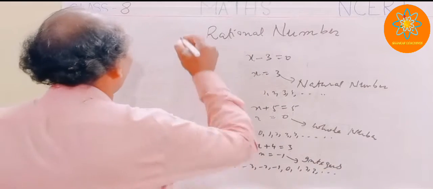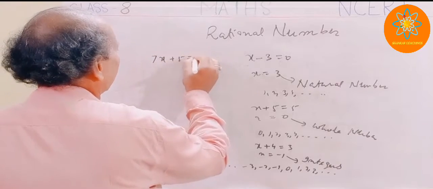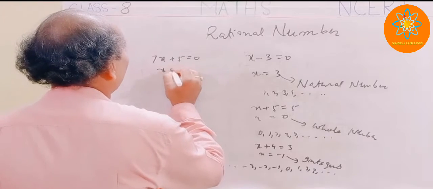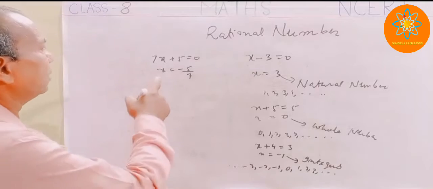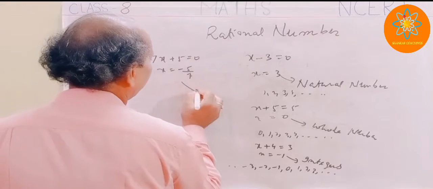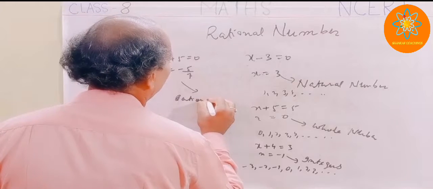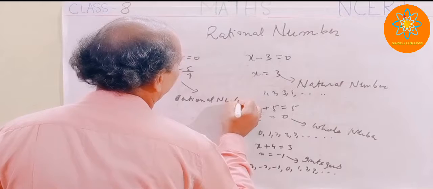Now let's suppose one equation is like that 7x plus 5 is equal to 0. So this is x is equal to minus 5 by 7. This minus 5 by 7 is nothing but this is the rational number.